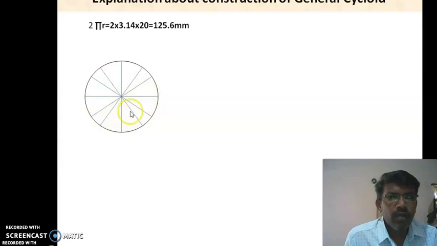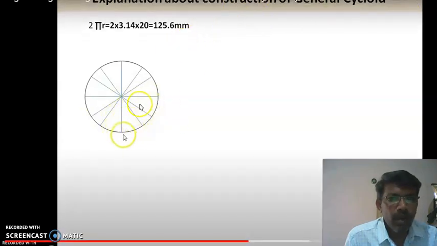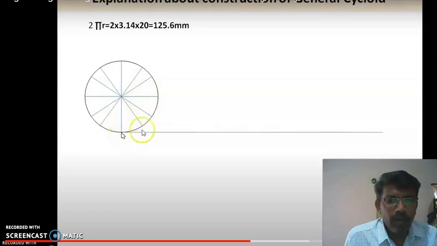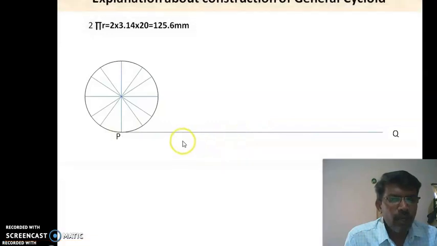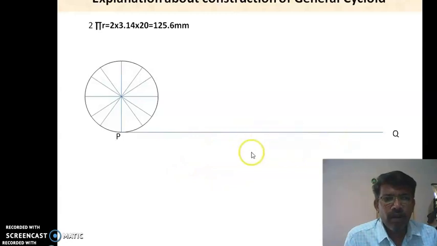After drawing the 12 equal parts, this is a point P. From this point P, draw a line PQ with the distance of 125.6 mm. We have already calculated this using the formula pi d or 2 pi r.